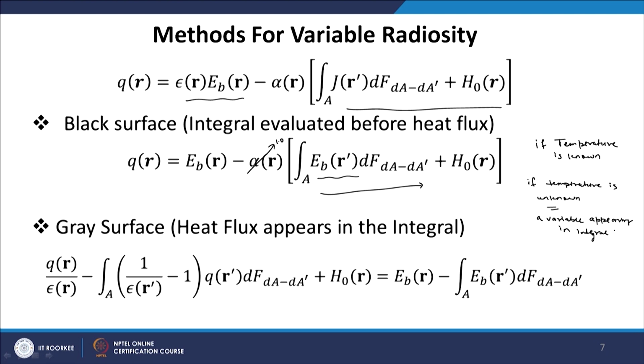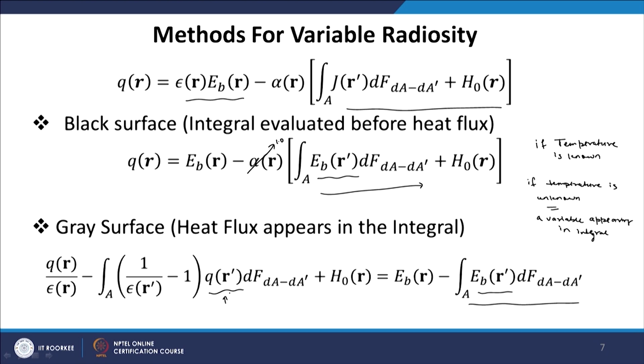So, for gray surfaces we write the same energy balance equation as we have done before, and we see that the unknown heat flux is appearing in the integral, unknown emissive power may also appear in the integral, although if temperature for some surfaces is known, then this integral can be evaluated very easily. So, the only unknown appearing in the integral will be then the heat flux.